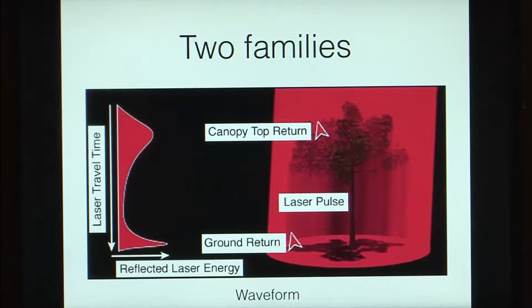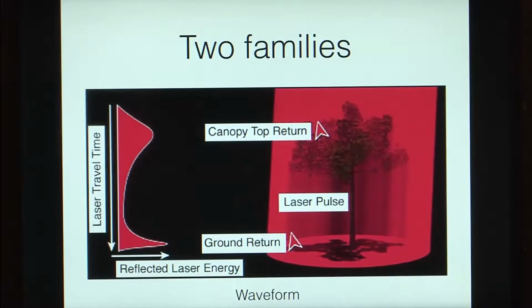When the laser light interacts with the canopy, it comes back with a higher energy. Then when it reaches the bole portion, most of the light does not come back, only that amount of light that interacts with the bole is able to come back. And then when it reaches the ground, again you get a high signal.